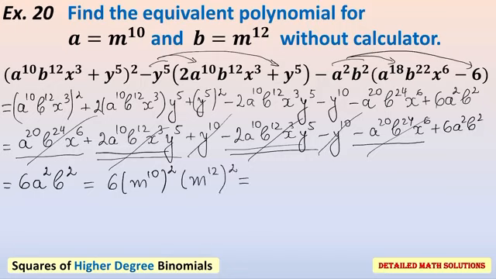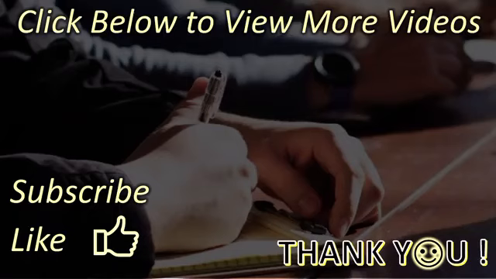When I apply the rule of exponents for power of a power, I get 6 m to the 20th power multiplied by m to the 24th power, and then simplify further and add the exponents. I get 6m to the 44th power. This can't be simplified further and is the final answer for this exercise.